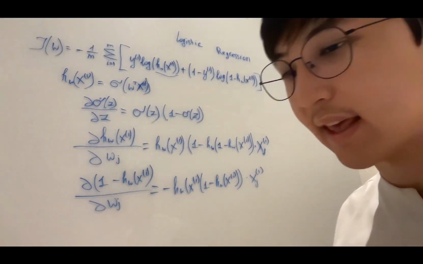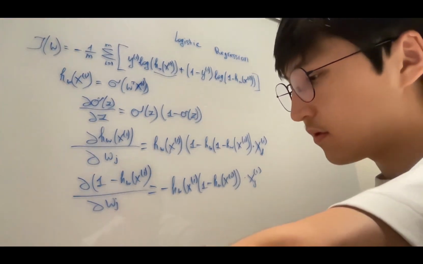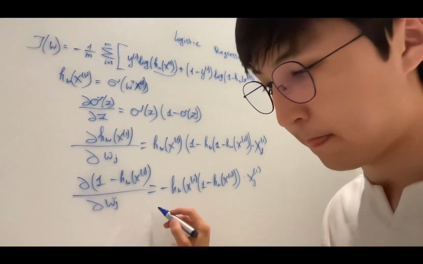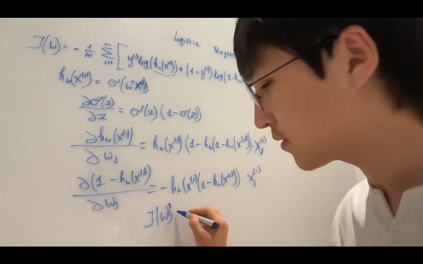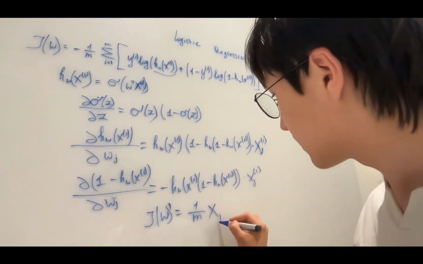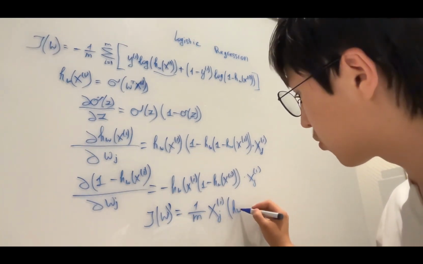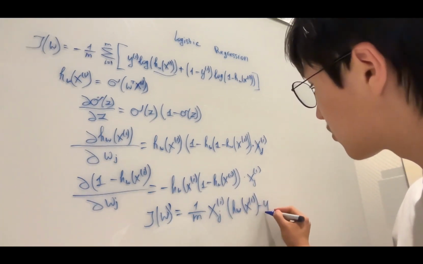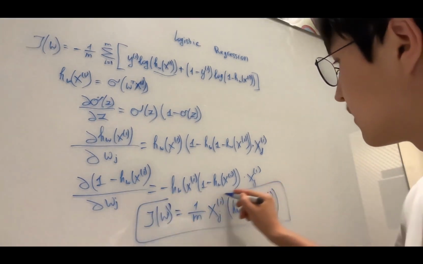In the end of the day, what we will receive is the derivative of J with respect to weight j, equal to 1 over m, sum of x_j^i times (h_w(x_i) minus y_i). This is our cost function gradient.